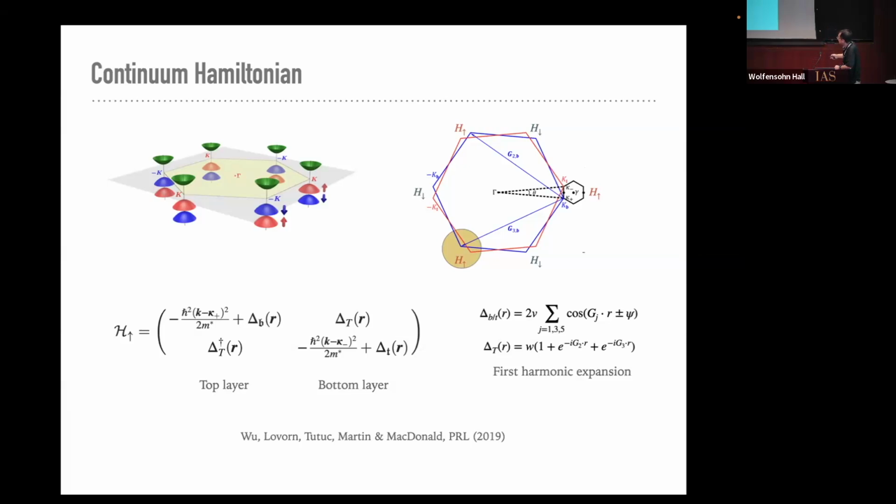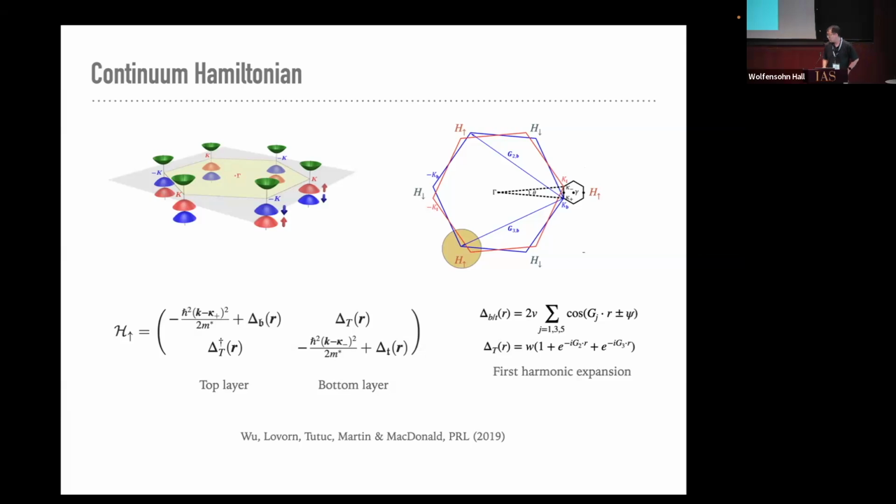Here, following what Ana MacDonald did, we only do a first harmonic expansion. So that seems to be a very simple model. Okay, so with that being said, we need to determine V, W, and psi. Those are the parameters used to characterize the system.